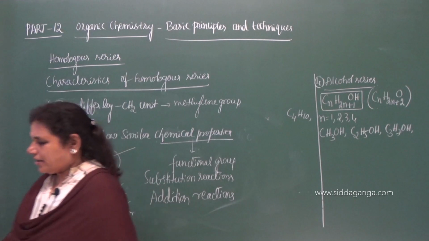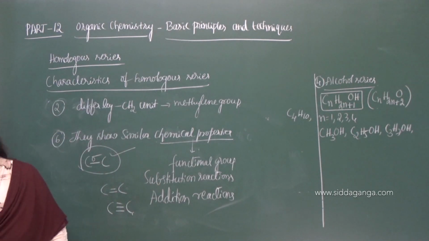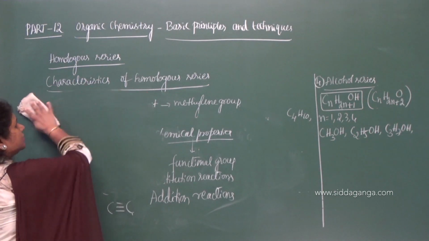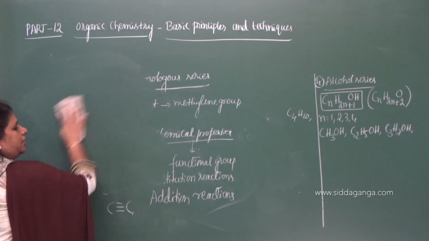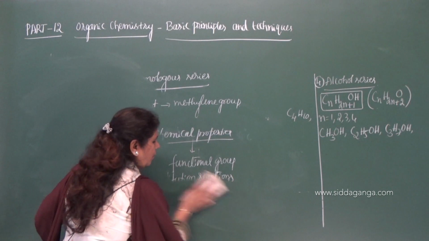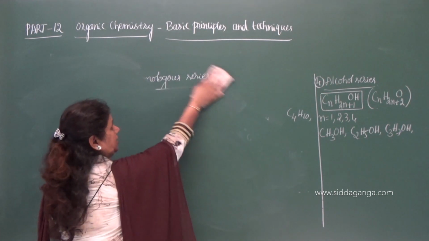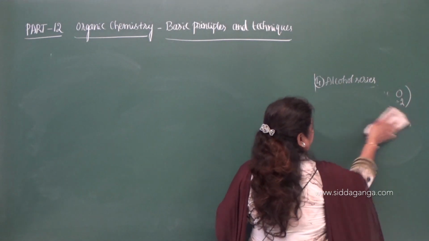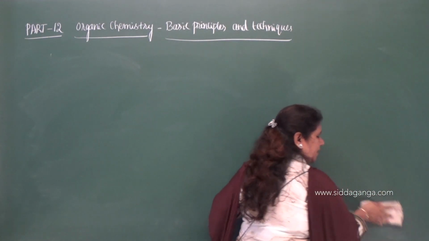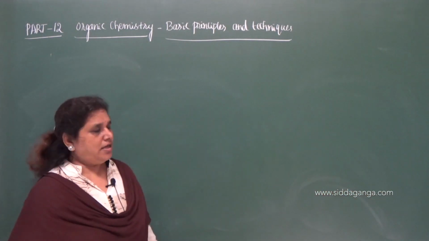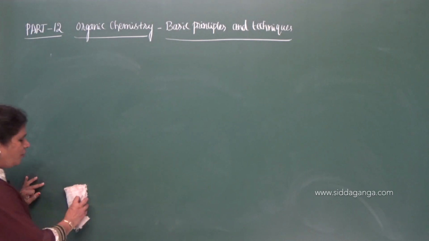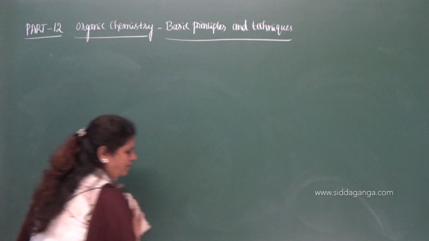Okay. Now, let us move on to the next concept here. You need to give the definition of homologous series, examples for homologous series, and you have to give the characteristic properties of homologous series. The question may be for 2 marks. If it is asked for 2 marks, it is only the definition.